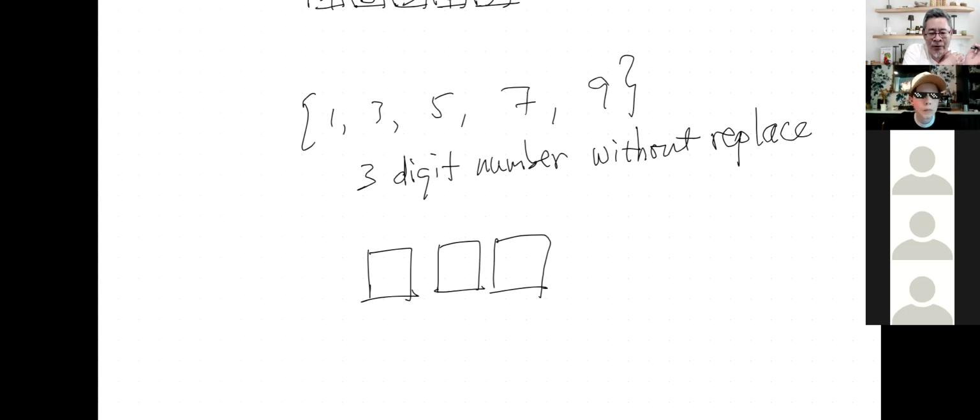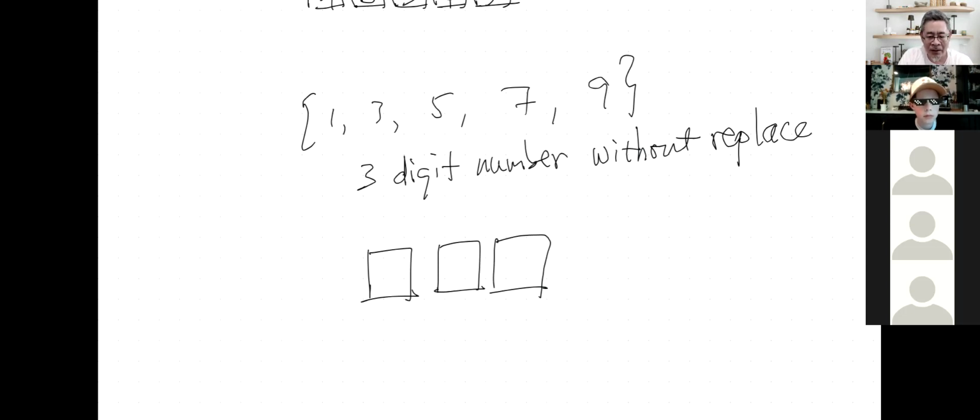So we got five to choose from, and we make them into a three-digit number. All right, so let's look at how we do this. Remember the formula.